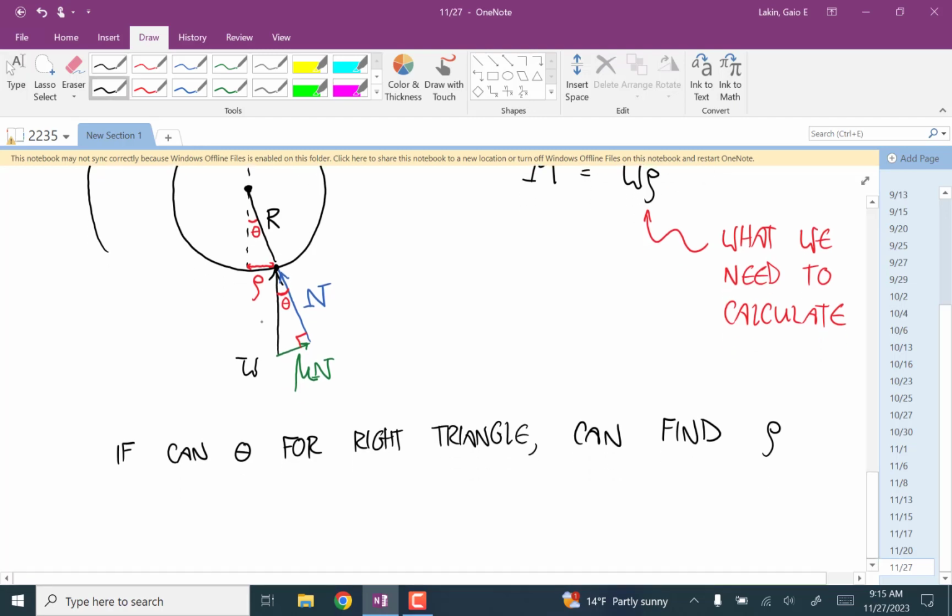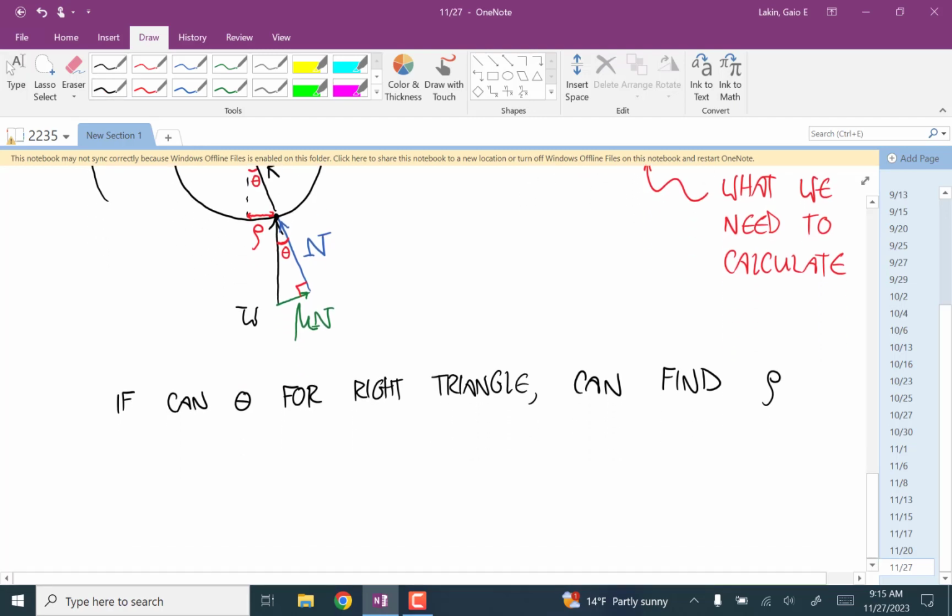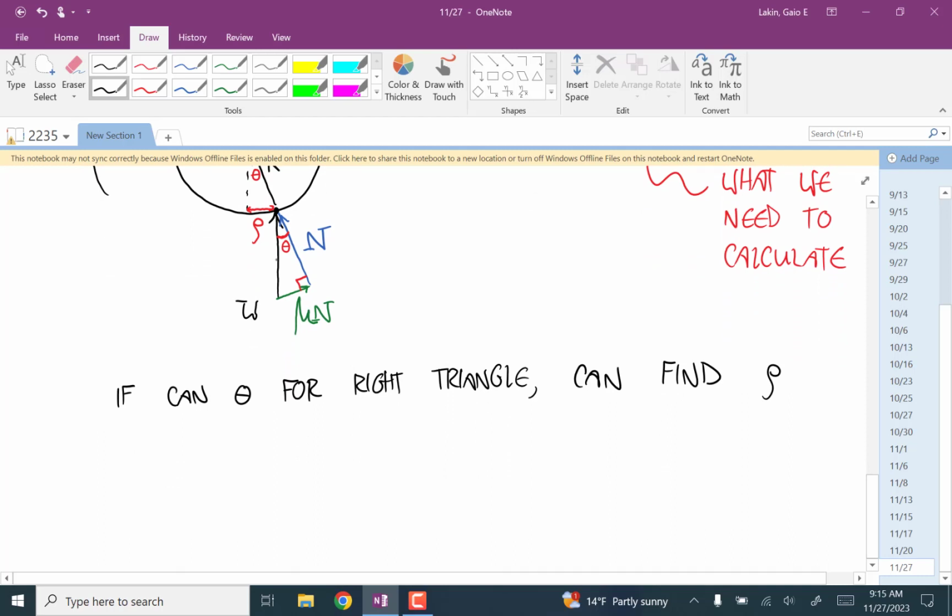So how do we come up with that angle theta? Well, the sine of theta is equal to the coefficient of friction times n. That's not right. I failed the SATs.